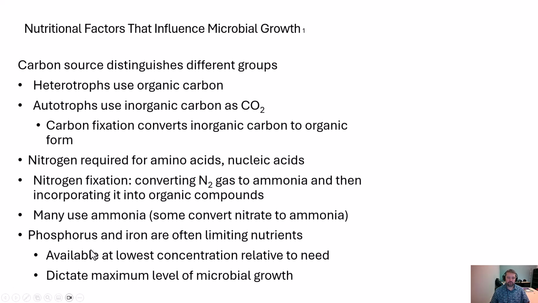prosper. And some ways in which they have to do that is by taking in other molecules that might be limited, like phosphorus and iron, which are often limited nutrients. Maybe potassium, and nitrogen is often limited. And we'll talk more about the role that some microbes have in symbiotic relationships. Like a lot of nitrogen fixers have a symbiotic relationship with plants.